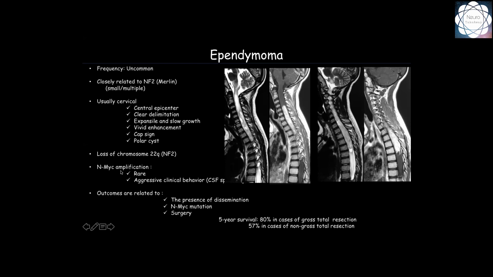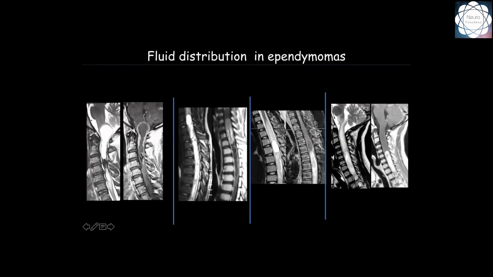When they have the MYCN amplification, they have an aggressive clinical behavior, and the outcome is related to the presence of dissemination, the MYCN mutation, and the surgery. It's interesting to note that the distribution of fluid in ependymomas can be very variable.